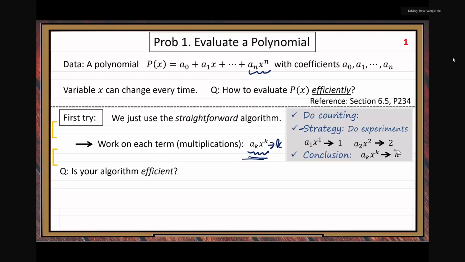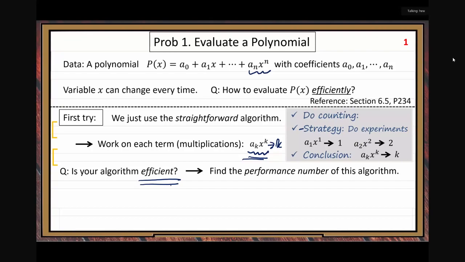Because in this way, we can calculate a polynomial. So the question is, is this straightforward algorithm efficient? You may ask me, what do you mean by efficiency? So we need to describe the efficiency of an algorithm.